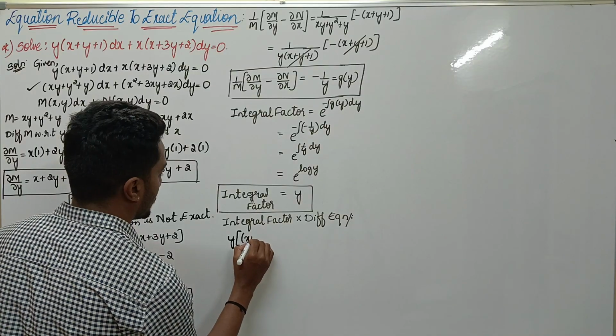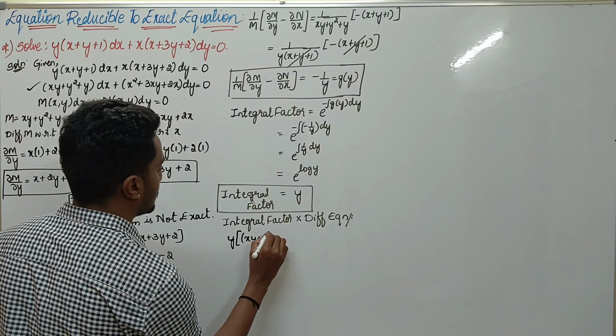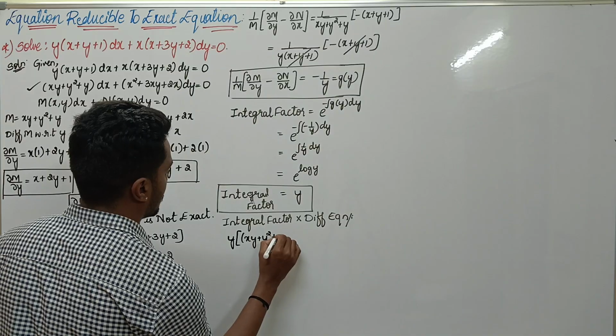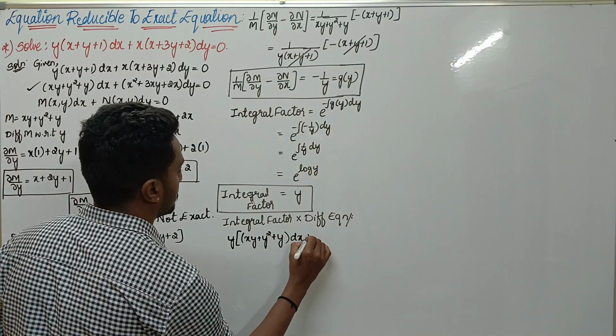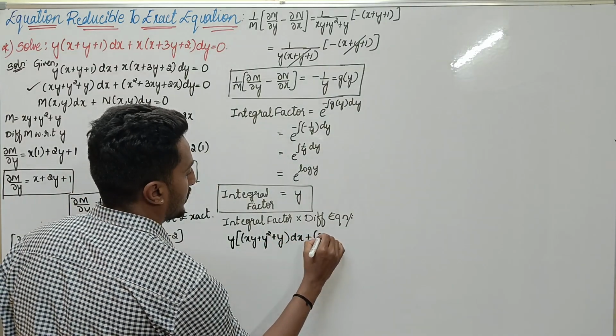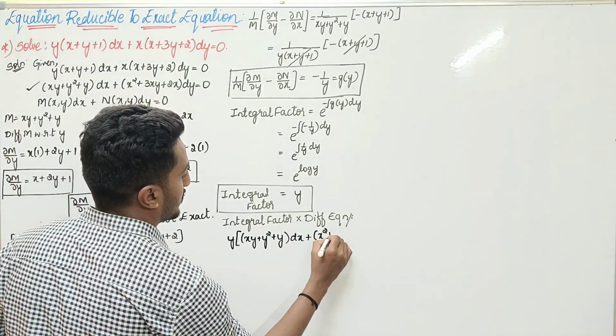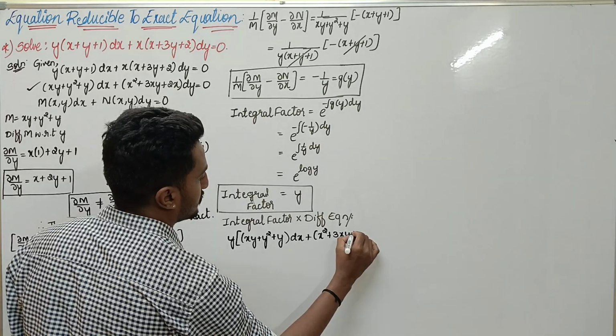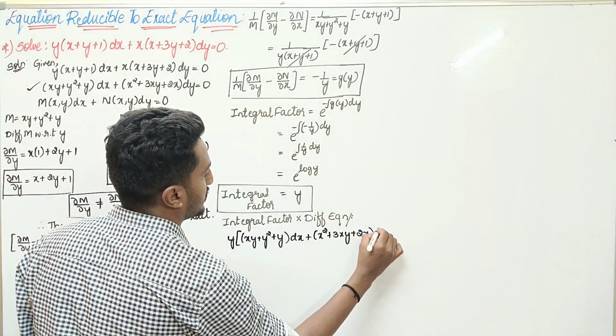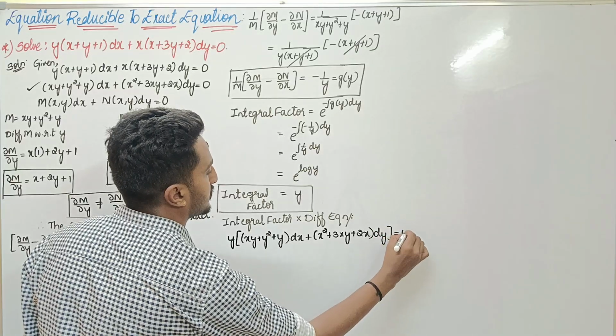(xy + y² + y) dx + (x² + 3xy + 2x) dy = 0.